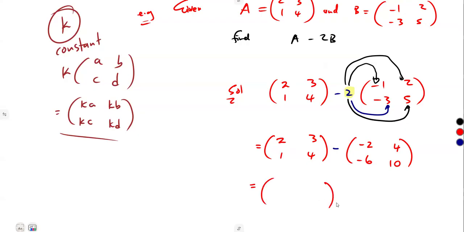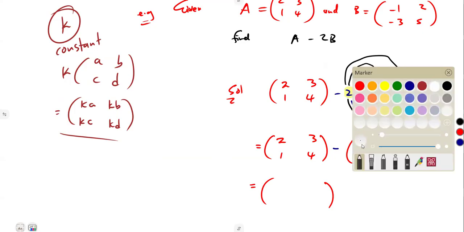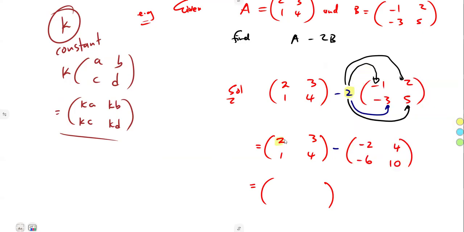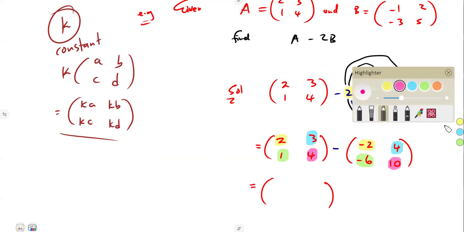Remember the concept that we had before about subtraction and addition of matrices, corresponding elements as before. So 2 corresponds to minus 2, 3 corresponds to 4, 1 corresponds to minus 6, and 4 corresponds to 10. So their subtraction is possible.